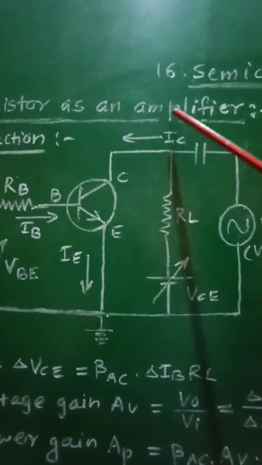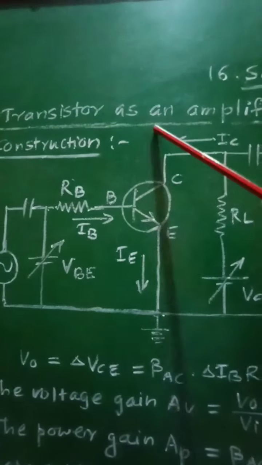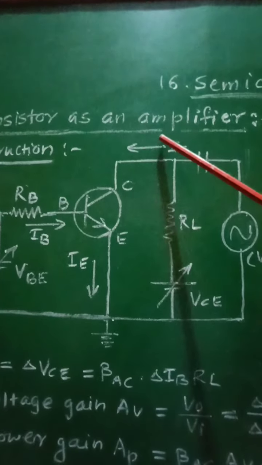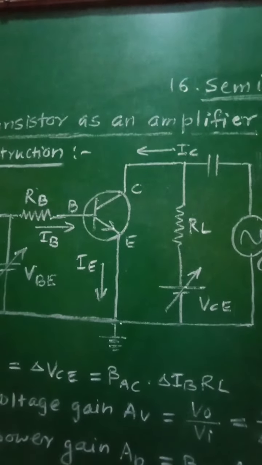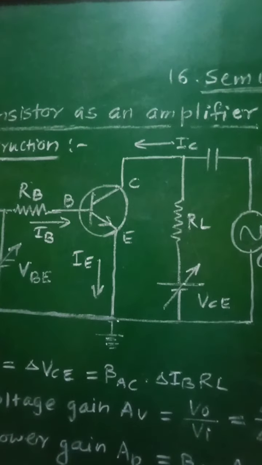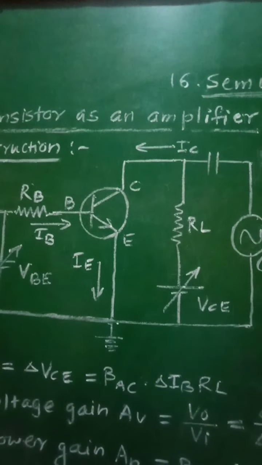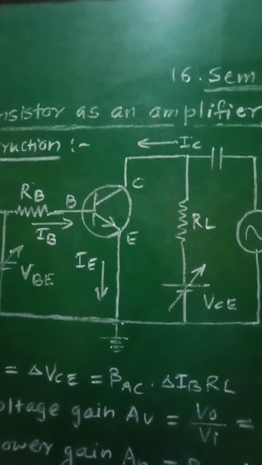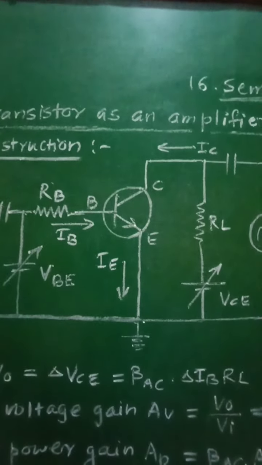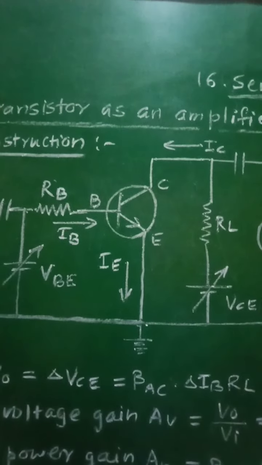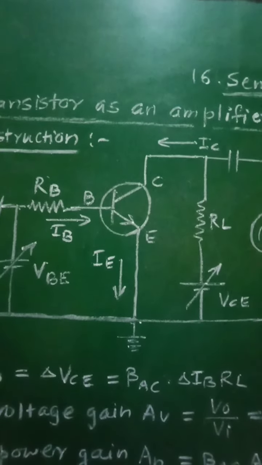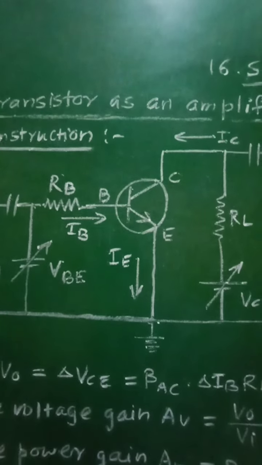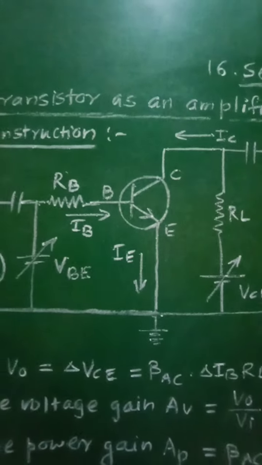Transistor as an amplifier. An amplifier is a device which is used for increasing the amplitude of an alternating signal, that is voltage, current or power.